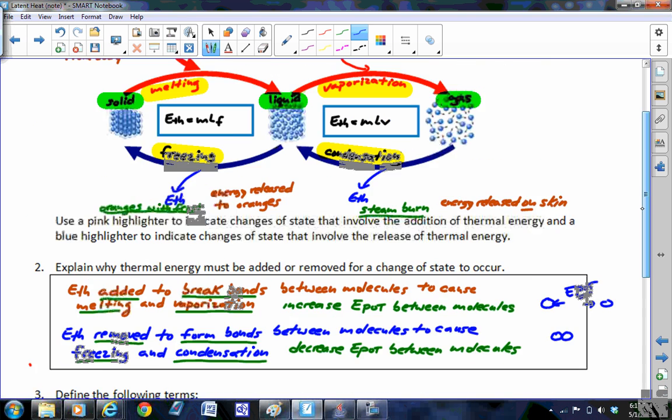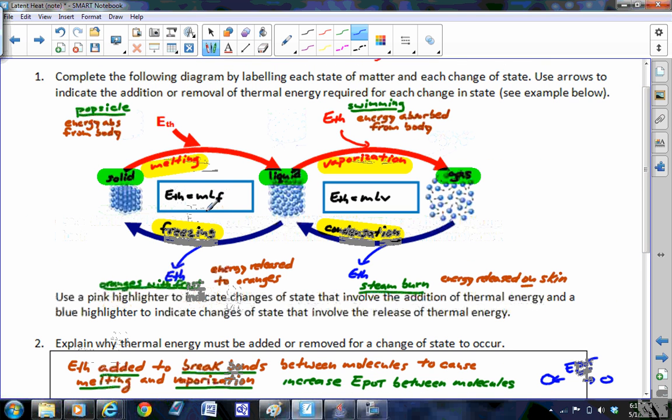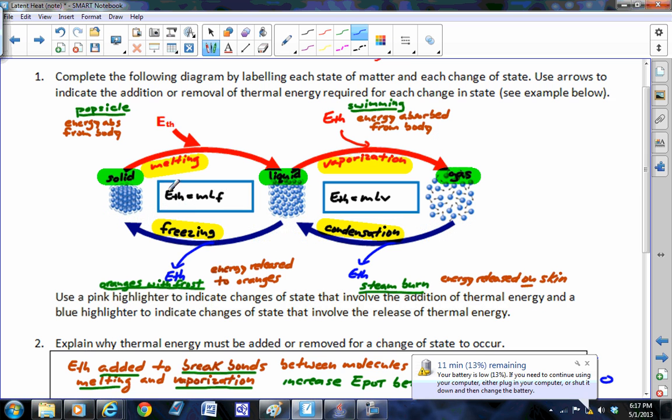Now, when you look up here, the amount of energy that's required to melt or freeze an object, so if you're adding a certain amount of energy, the amount that's required to completely melt 1 kilogram of the substance is called the latent heat of fusion. And for water, it's around 340,000 joules per kilogram.